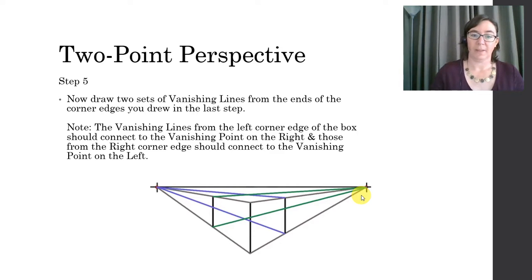For example, let's take a look at this corner edge that you just drew right here. Here's the top point. You'll connect it to the right vanishing point and the left vanishing point. Here's the bottom of that corner edge that you drew. You'll connect it to the right vanishing point and to the left vanishing point.